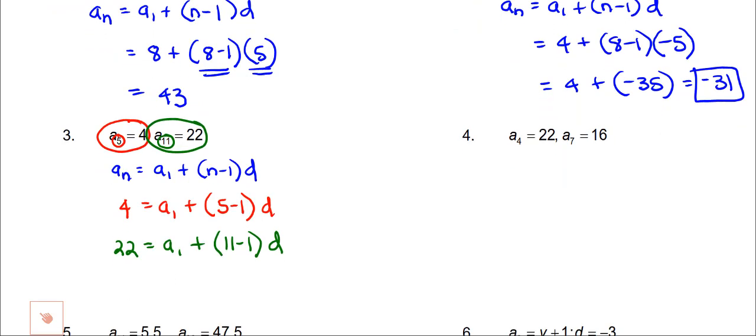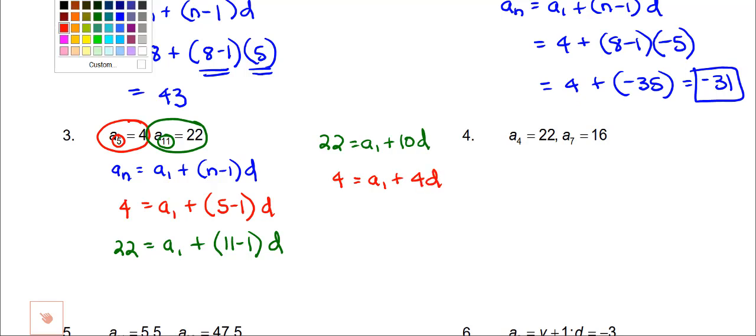All right? Now here's the green equation cleaned up a bit. And here is the red equation cleaned up a little bit. Does this remind you of something from Algebra 1?